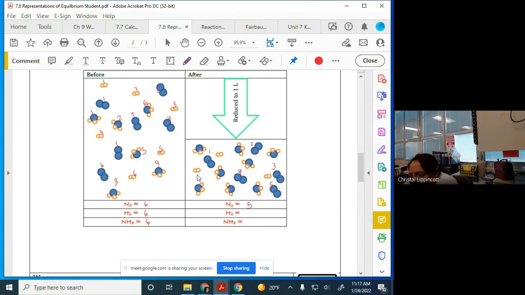Hydrogens, I have 1, 2, 3. Is that it? Yep. And then my NH3s, I've got 1, 2, 3, 4, 5, 6, 7, 8.